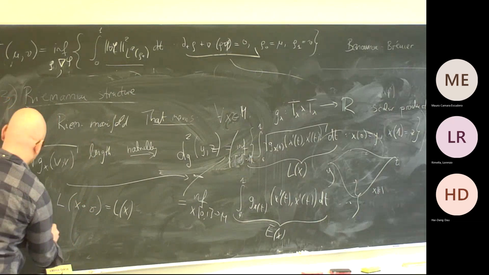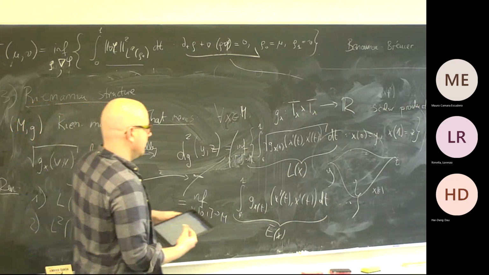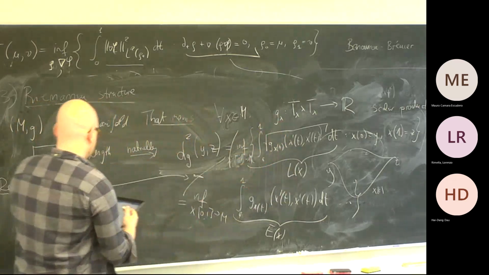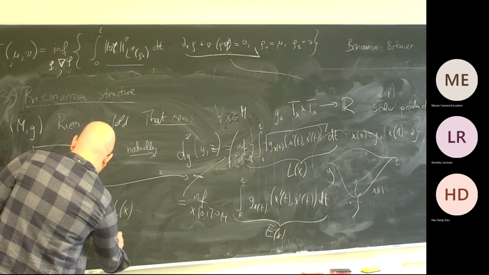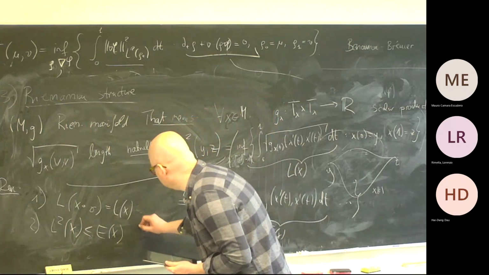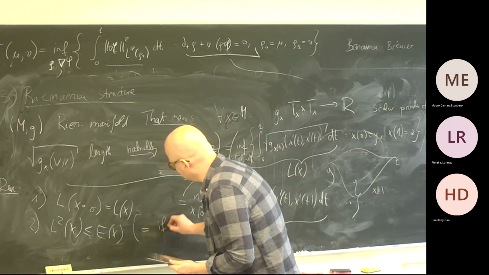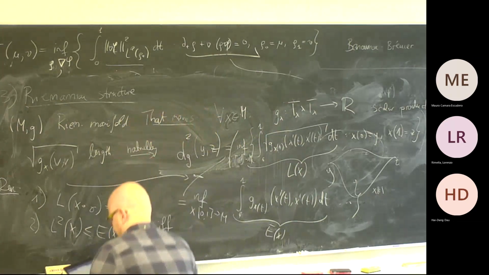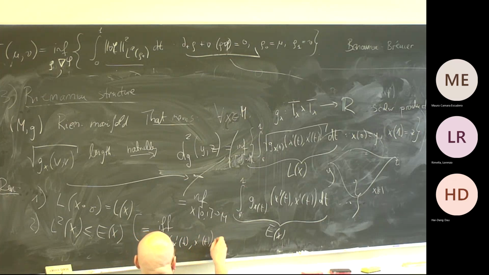And then the second one is that by Jensen, so of course this smells very much like Jensen, we always have this, and we have equality if and only if this is constant.